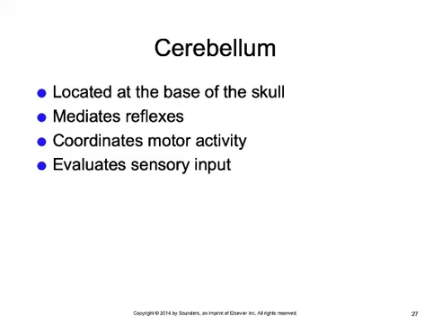And that way we move in a smooth and coordinated fashion. If the cerebellum is damaged, you end up with a condition called cerebellar ataxia, where it's very difficult for you to initiate and stop voluntary movement, and there's a lot of unintended movement in your actions. Okay? It's also an important reflex center.